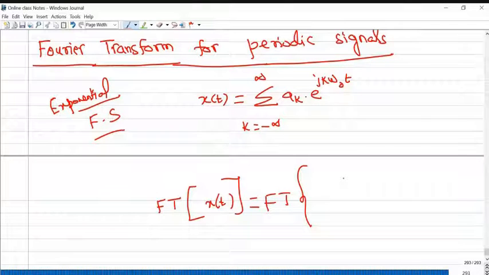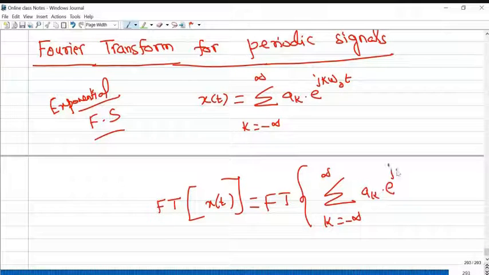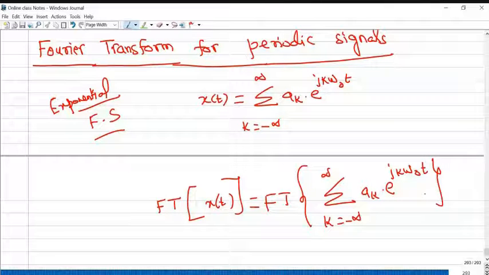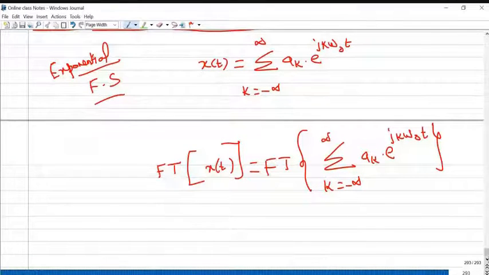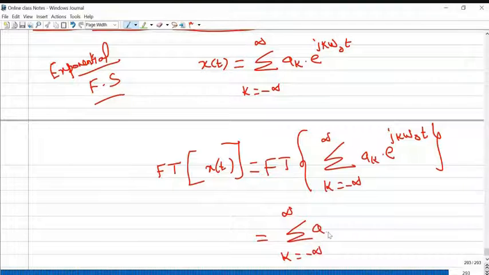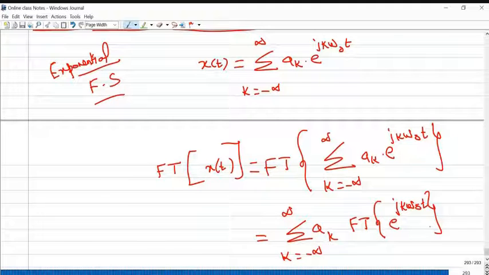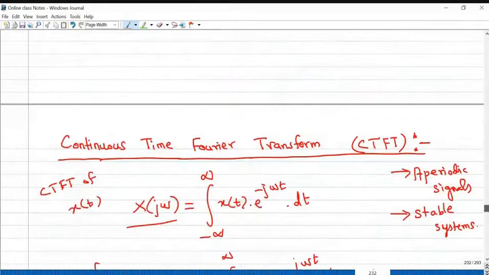So Fourier transform of summation k equals minus infinity to infinity a k e power j k omega naught t. The a k are constants, so we can rewrite this step as summation k equals minus infinity to infinity a k times Fourier transform of e power j k omega naught t. So what is the Fourier transform of e power j k omega naught t?